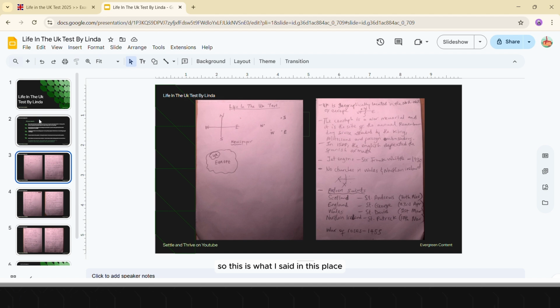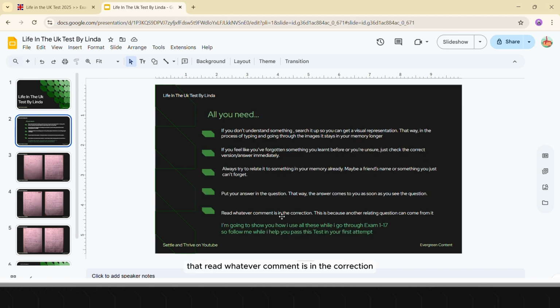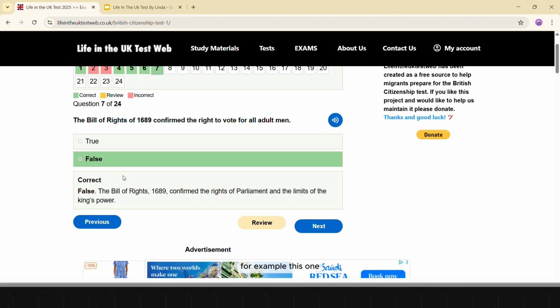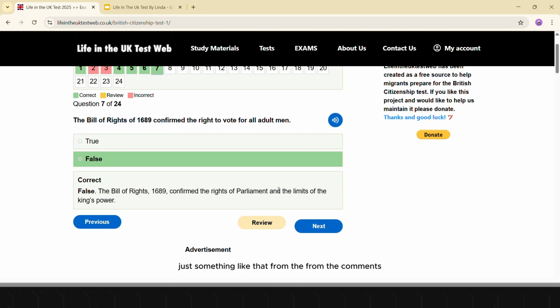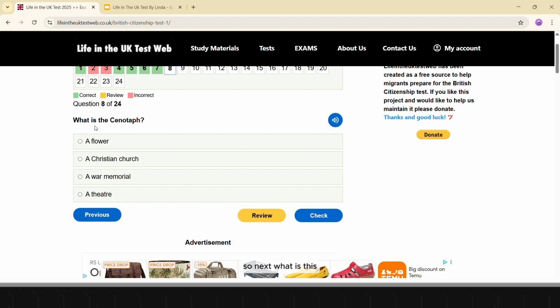This is what I said about reading whatever comment is in the correction, because another related question can come from it. For example, they can ask you what bill was released in 1689, or what year it was released, just something like that from the comments. So next, what is this?